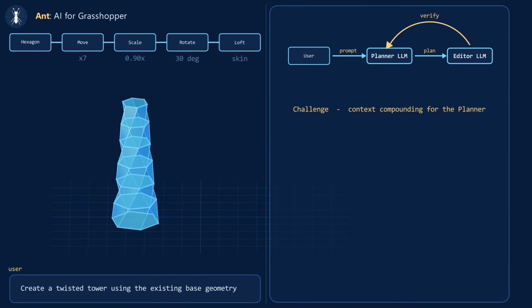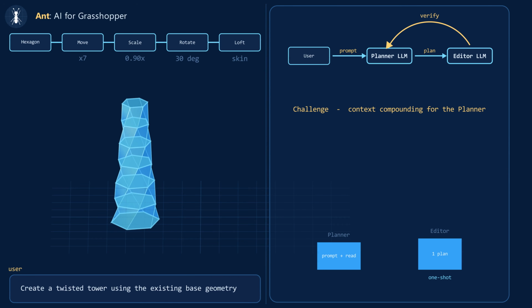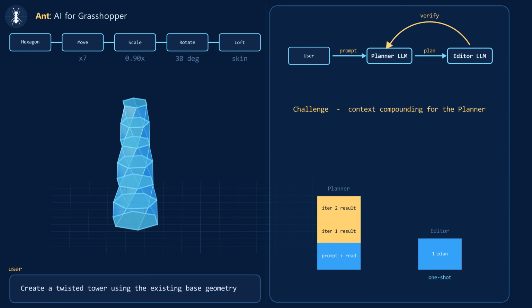But this sort of a system also comes with its own challenges. The biggest challenge is context compounding for the planner LLM. The editor is a one-shot LLM agent where it simply has to execute the plan provided by the planner. But the planner needs to keep track of the previous implementations so that it can step by step reach the final geometry.